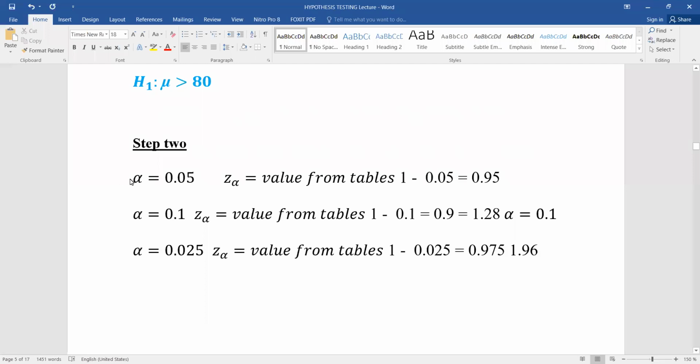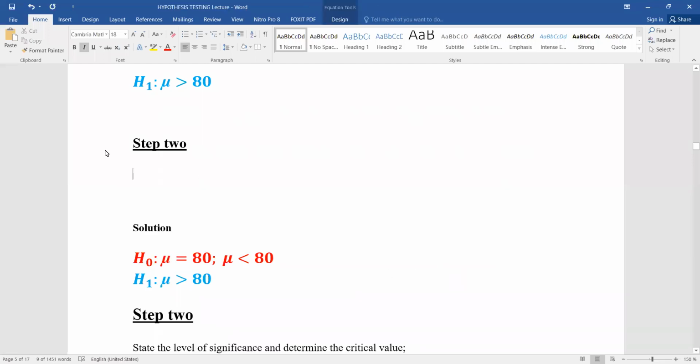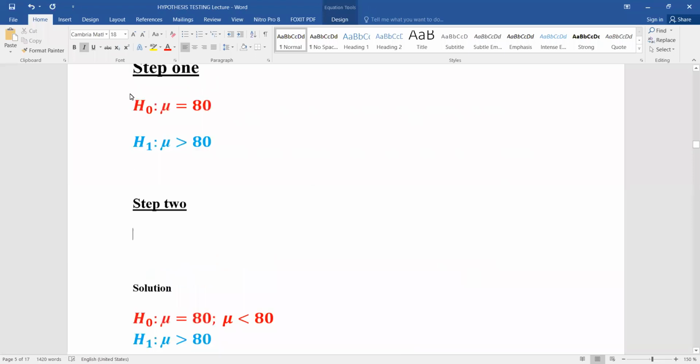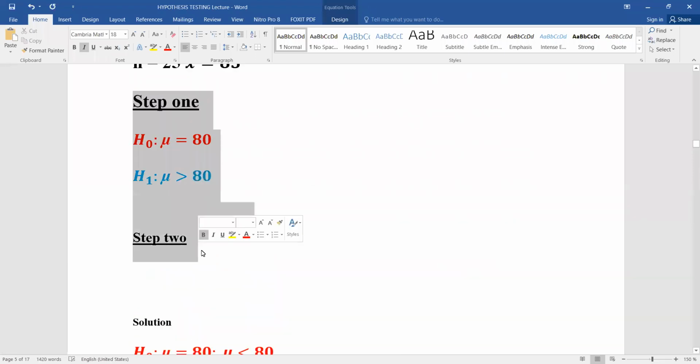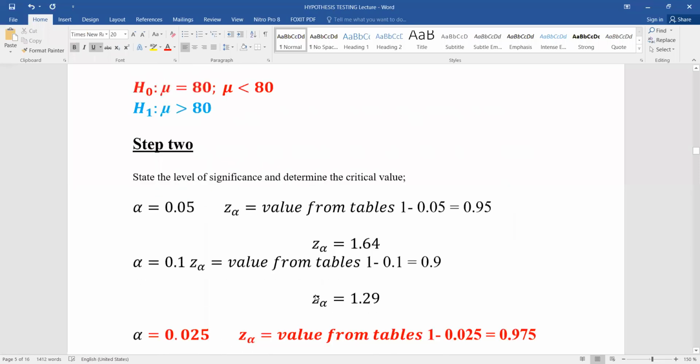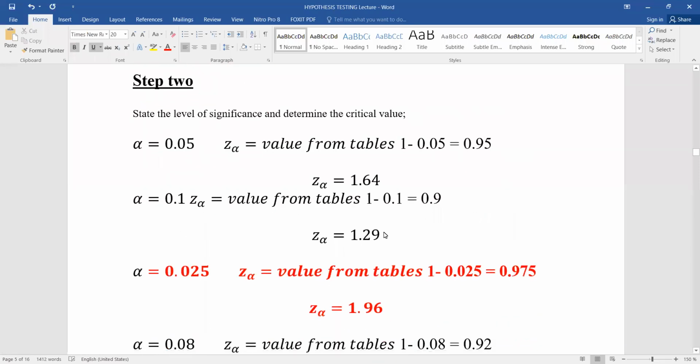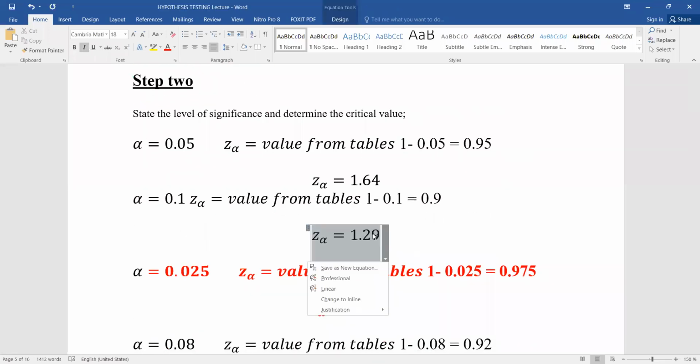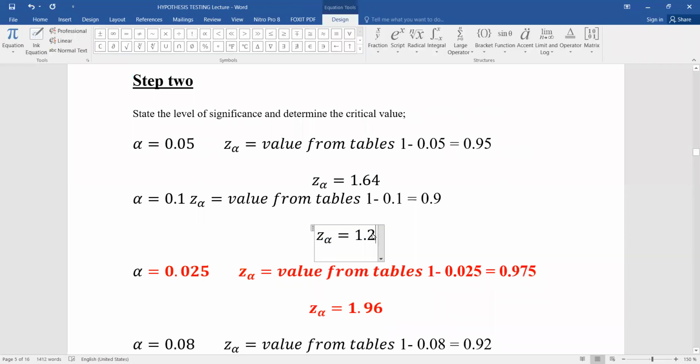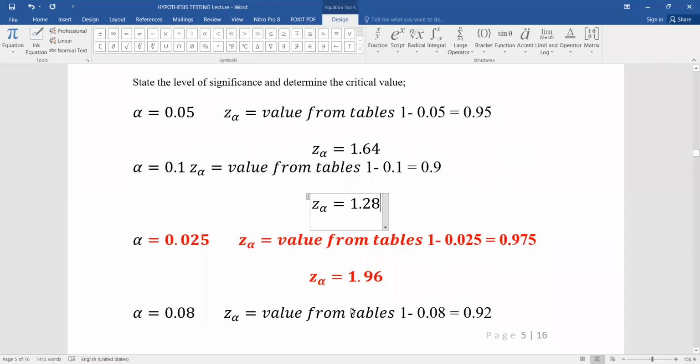That is how we get step number 2. I've already done these things. So this was 1.28. Those are how we get the values.